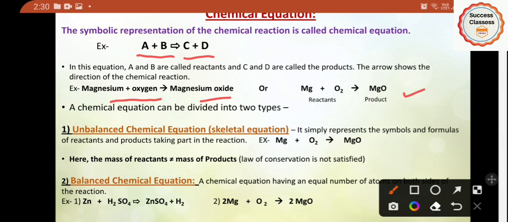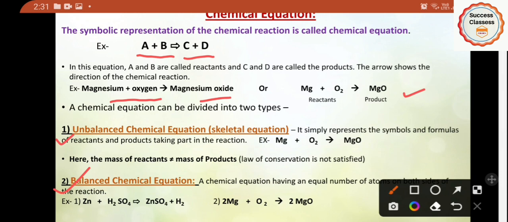The chemical equation is of two types. It may be unbalanced chemical equation or it may be balanced chemical equation. The unbalanced chemical equation is also called the skeletal equation. Here the symbols and formulas are simply represented.